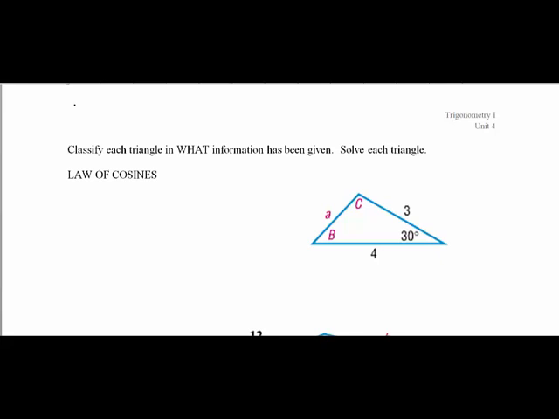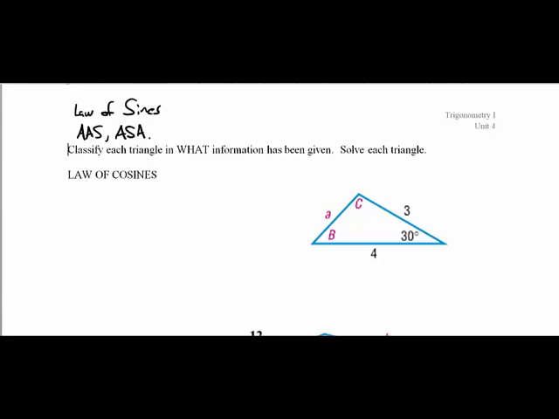So what we're going to do here, though, is finish the non-right triangles. Now, when we have non-right triangles, we had some different letter combinations that dealt with angles and sides. For example, the law of sines was very useful when we had the following combinations: two angles and a side, where the side was not between the two angles, or an angle, a side, and then an angle where the side was between the two angles.